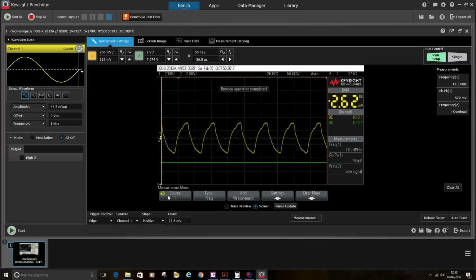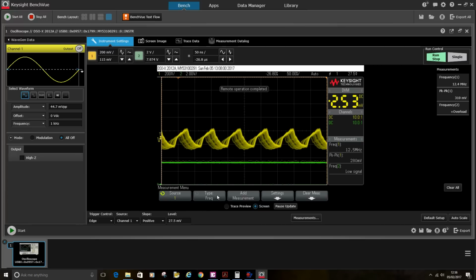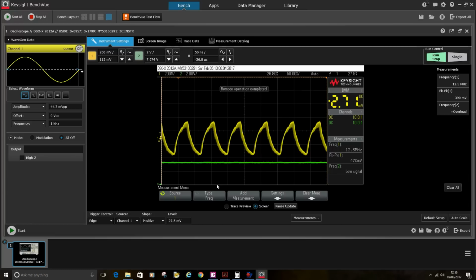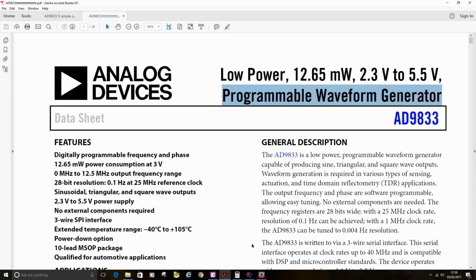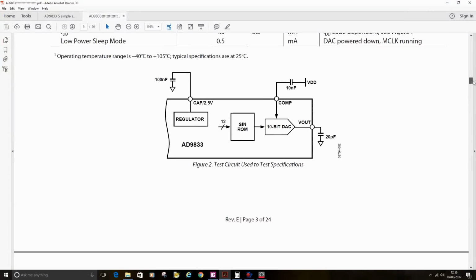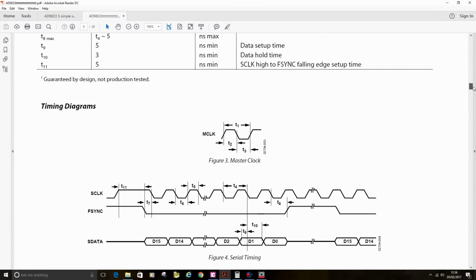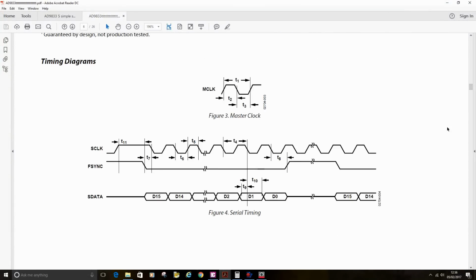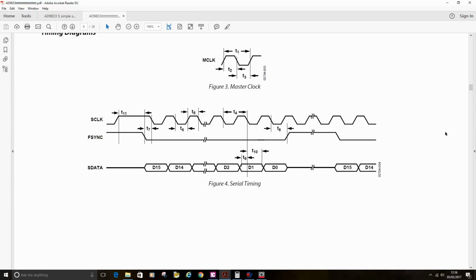Now, while I've got the scope, I'll show you what that SPI is doing. So I'll move my leads and show you the clock and the chip select. So if I go to this data sheet, find the right bit. Although it's simple to program once you know how, look at this system clock.